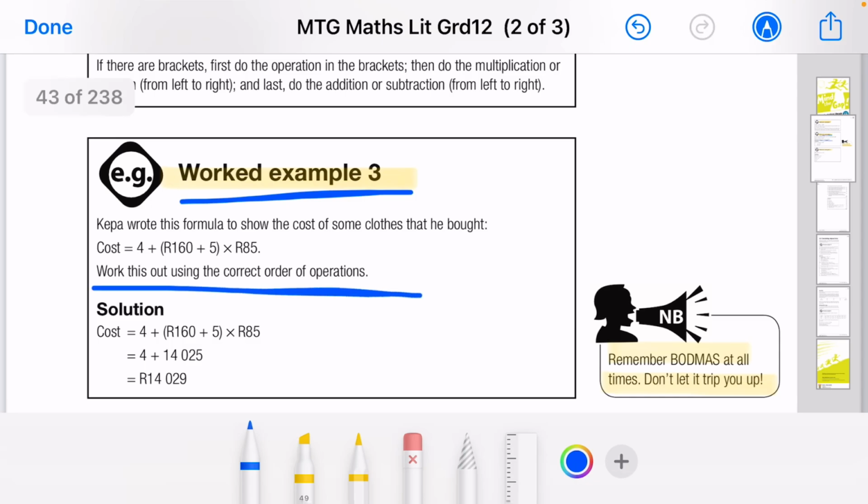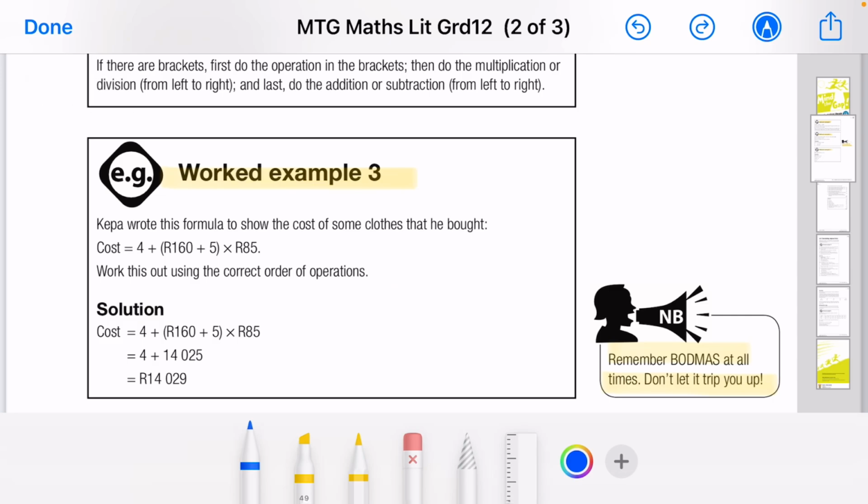Ladies and gentlemen, that statement alone simply means use BODMAS to work this out. Massively important, guys. At all times, please do make sure that you write down that BODMAS so that it guides you.